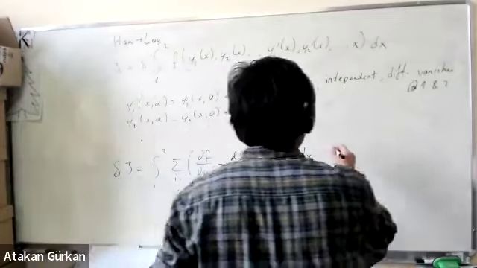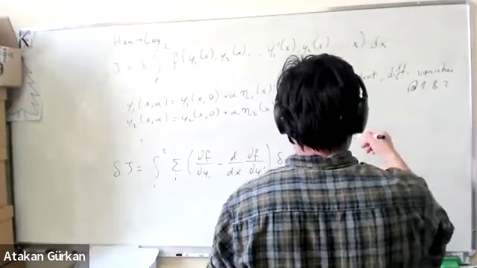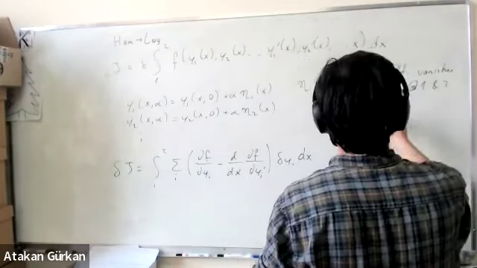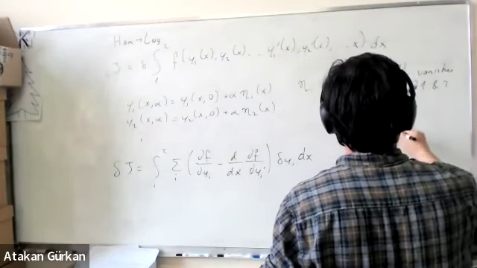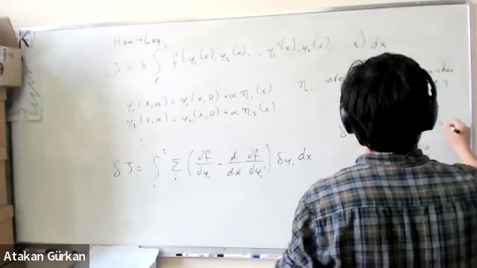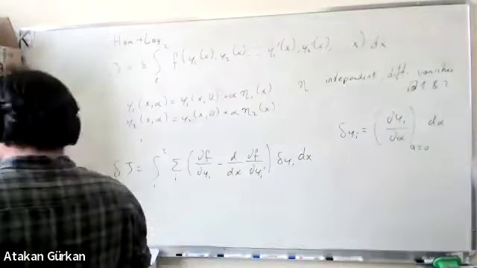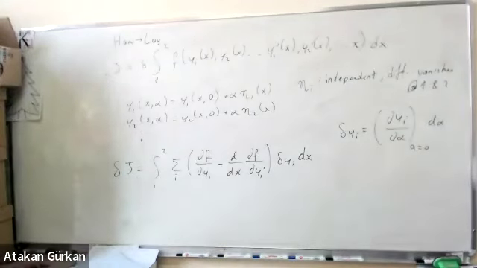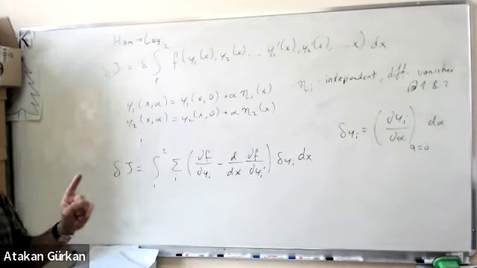Now, for this delta yi, what I mean is the variation, del yi by del alpha at alpha equals 0, times d alpha. Okay. Now we said that Hamilton's principle and Lagrange equations are equivalent, so derivable from each other, when the constraints are holonomic.